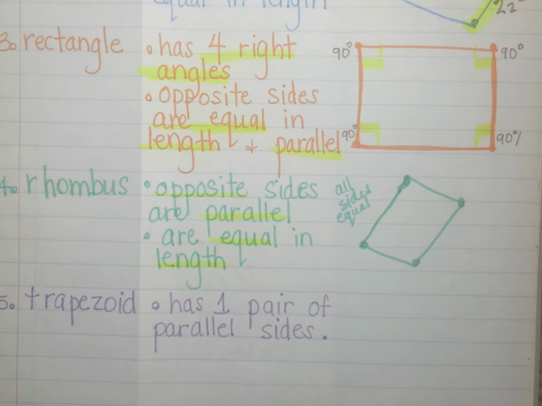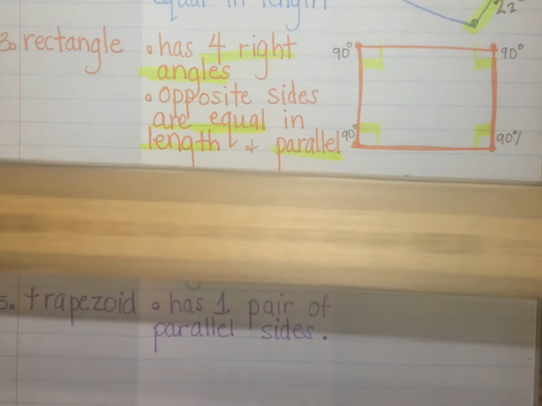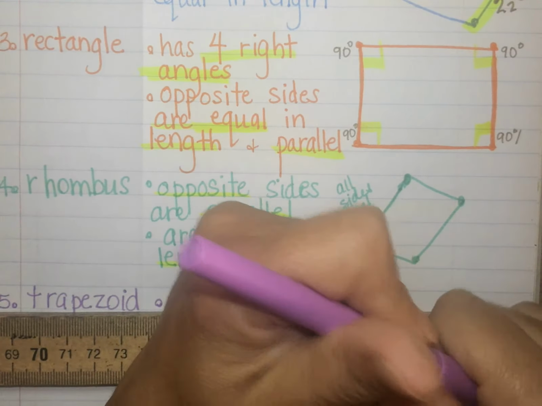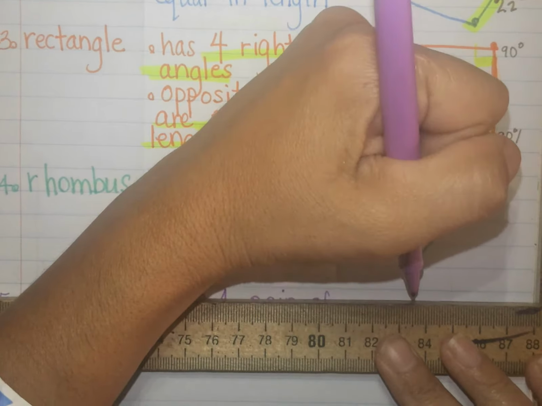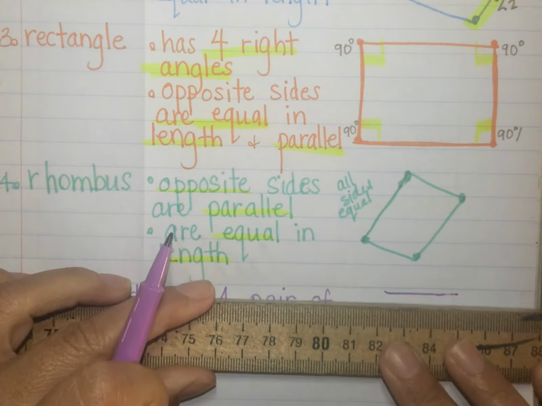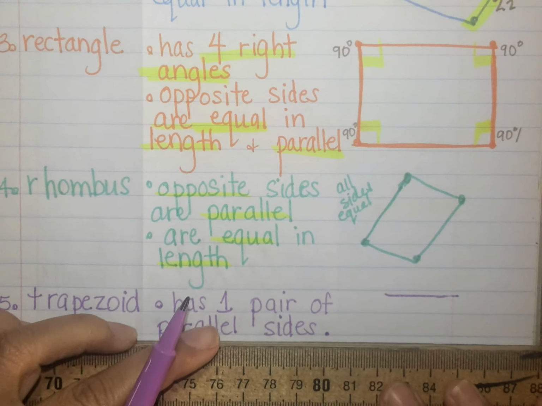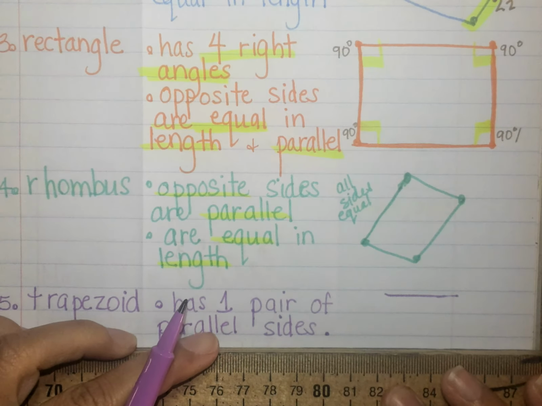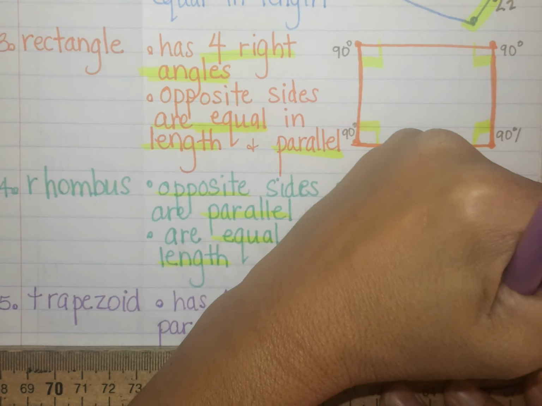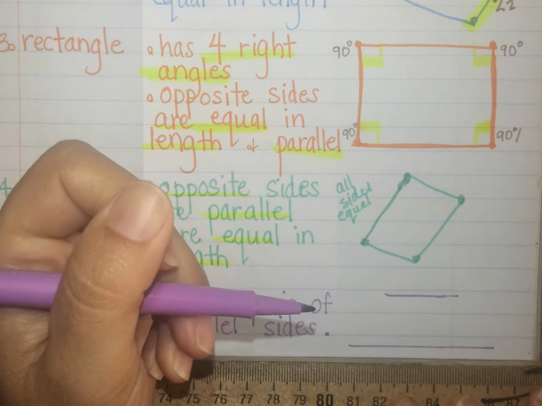Let's see if you can guess which one it is. Wow, I have this ruler here, but it's a meter stick. I'll use it. I'll take it. So a trapezoid, love the name, is the one where one of the sides is longer than the other.